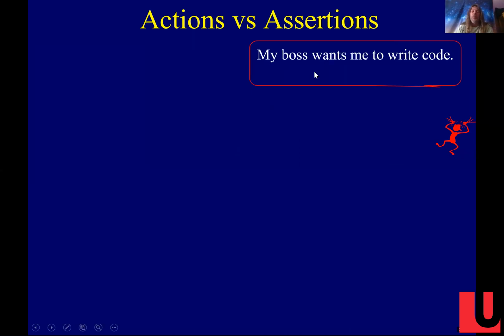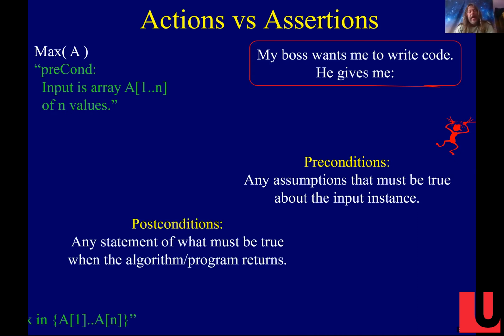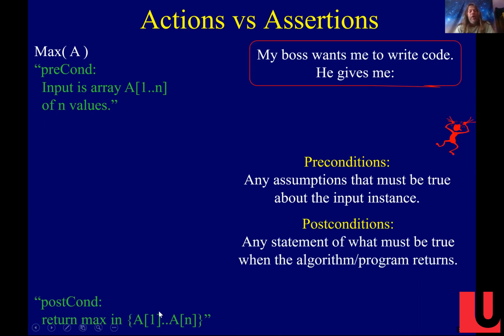Suppose my boss wants me to write some code. What does he or she give me? She gives me the precondition, what's true about any assumption about what must be true about the input. Before you can write the code, you need to know what kind of inputs are going to be given. And you need to know the postcondition, which is any statement that must be true about the algorithm and the computation once it returns.